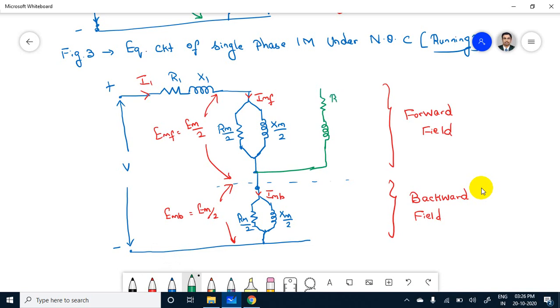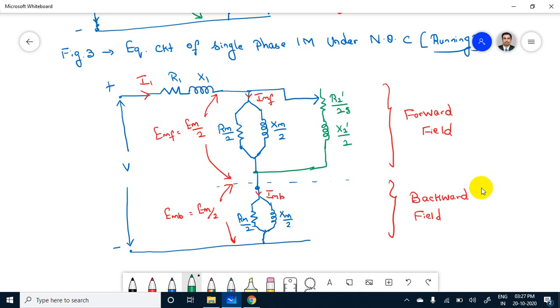The notation is R2 dash divided by 2, X2 dash divided by 2. Okay, since the motor is running, by varying the resistance, the resistance value will vary. So how much it will vary? R2 dash by 2 into S. Okay, R2 dash by 2 into S, it will vary.